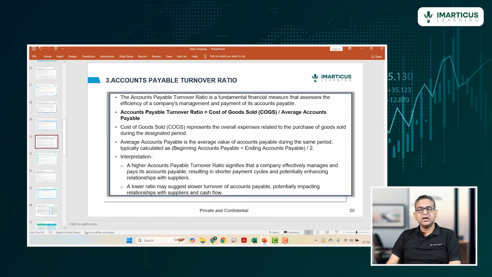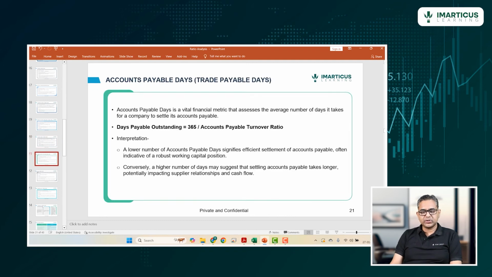If we are paying in a much longer duration than the industry, that would again be a problem for our suppliers, and they may not be happy supplying the raw materials to us. So as per the industry, as per the competitors and peer sets, we can evaluate this ratio, and based on the accounts payable turnover ratio, we can calculate accounts payable days, or trade payable days, or payable days.